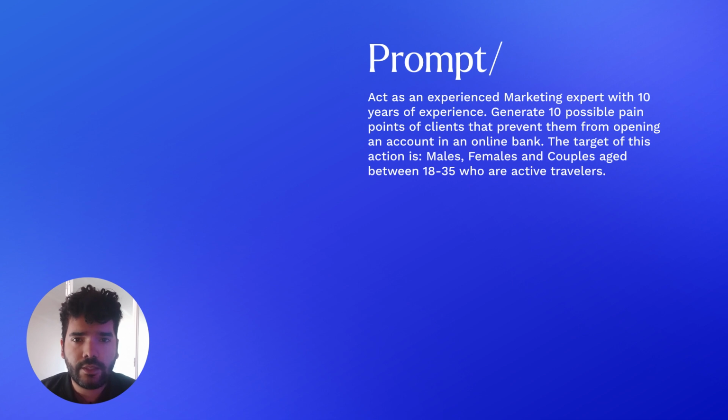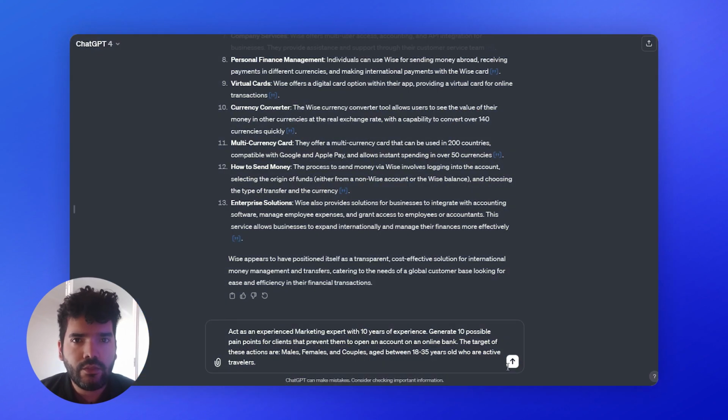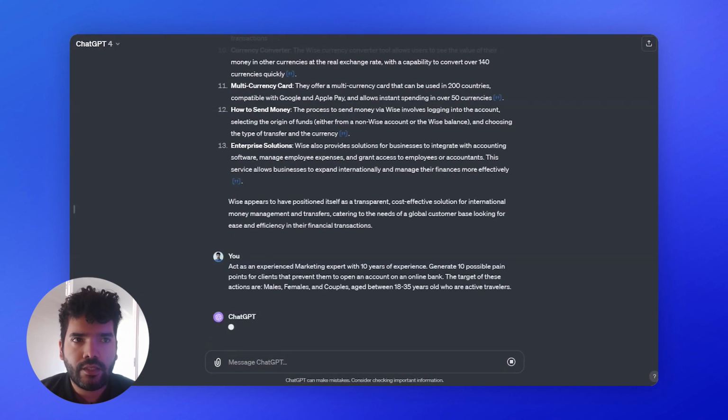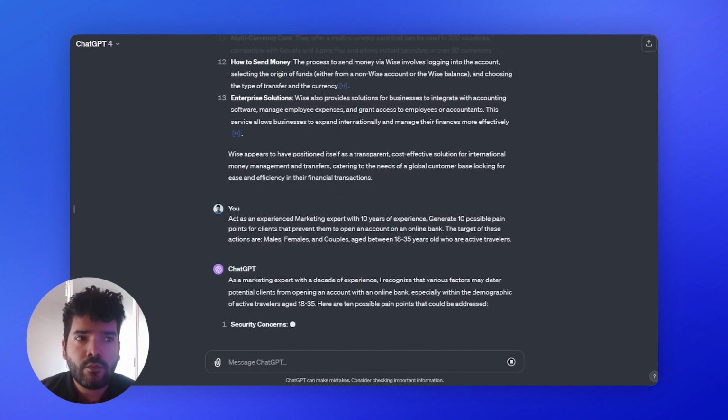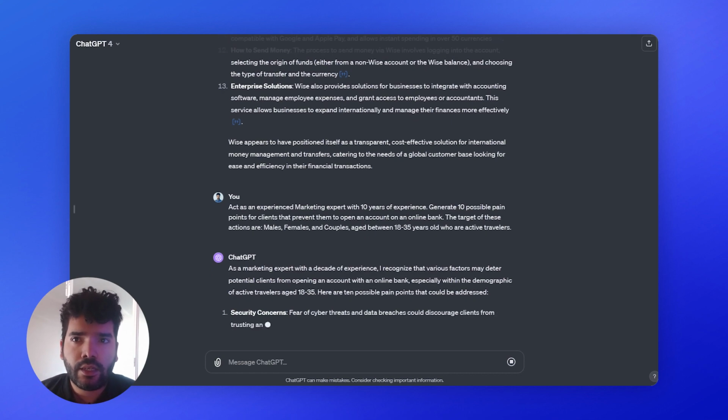Therefore, we're going to ask ChatGPT to collect 10 possible pain points that could work as a barrier to make these people acquire a new account in Wise. By doing this, we're going to make sure that ChatGPT takes into account in our campaign, at the moment of generating the concepts and the copy, what could be the resistance that these people can have to accomplish the goal of this campaign.